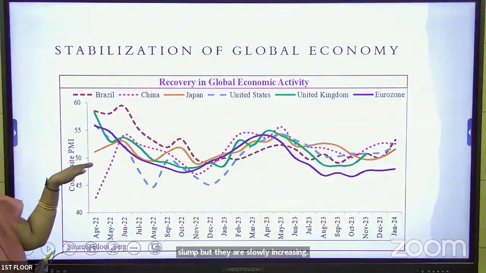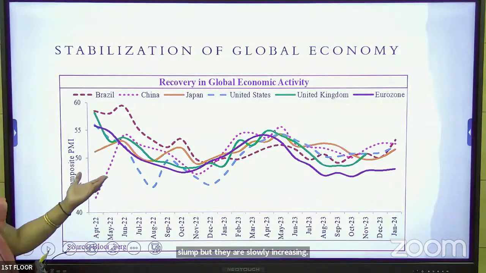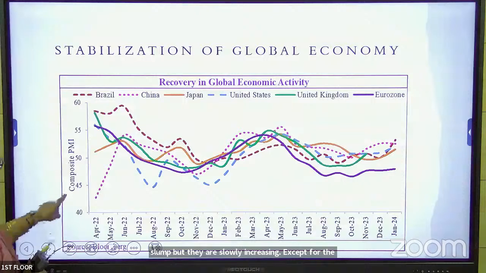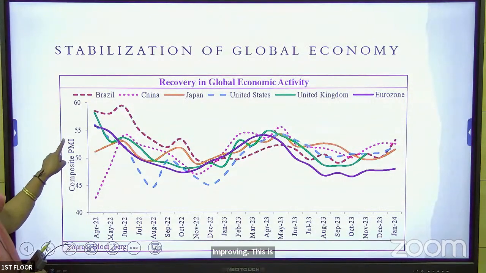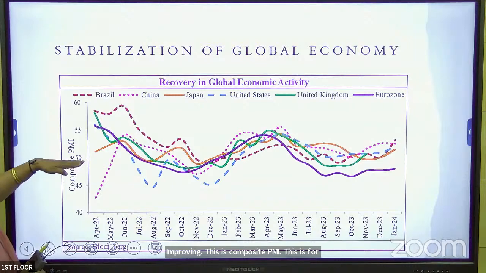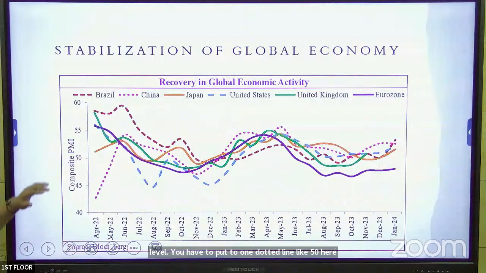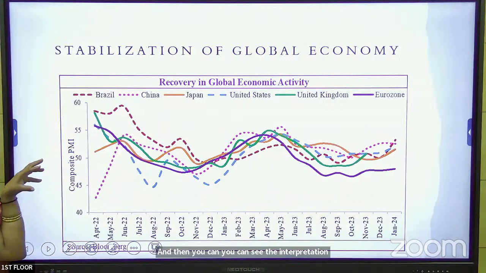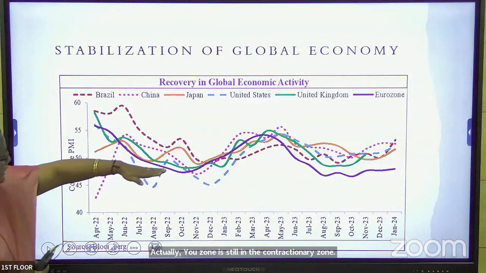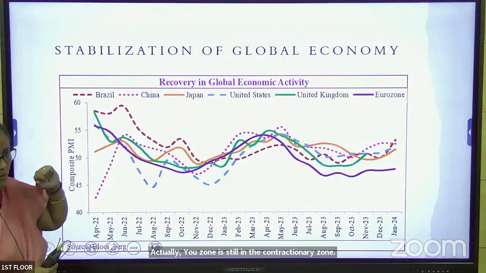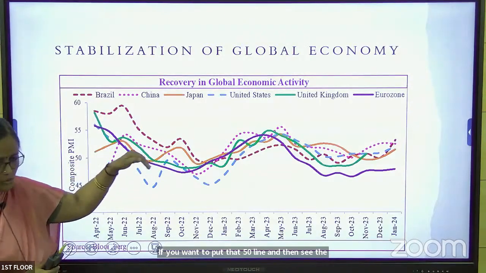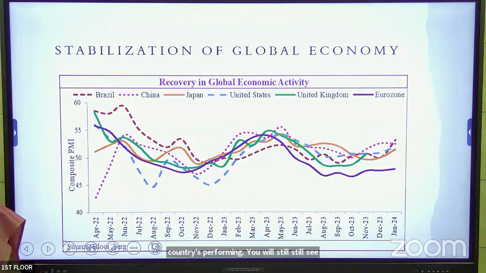Except for the Eurozone, which is still at the same stabilized level, others are improving. This is composite PMI at the global level. You have to put one dotted line at 50 here, and then you can see the interpretation. Eurozone is still in the contractionary zone. If you put that 50 line and look at the countries, you will see Eurozone is lower than the 50 mark. You are seeing composite PMI on the axis, right?